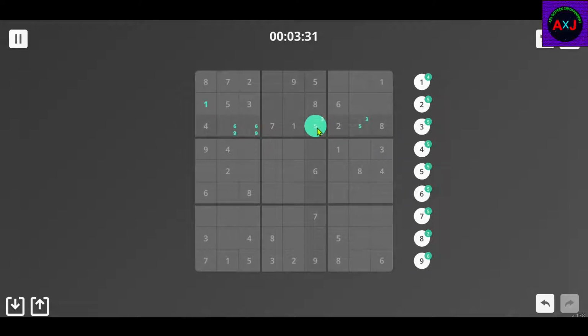Now compare the column. Here 5 is already present. So 3 is the only option for this cell. After that, 5 is the only option for this cell.